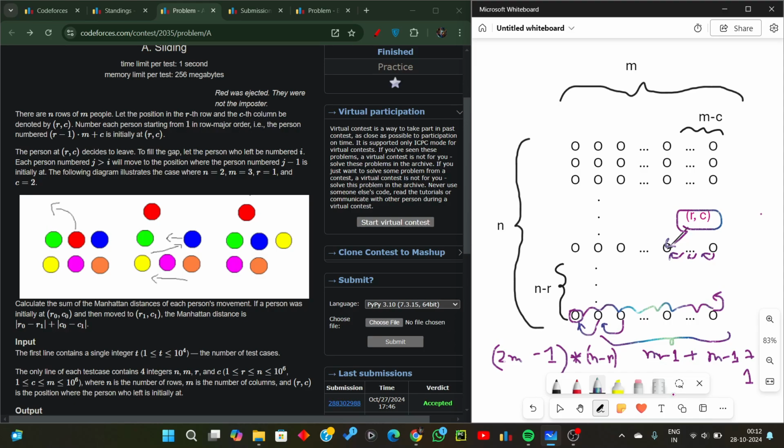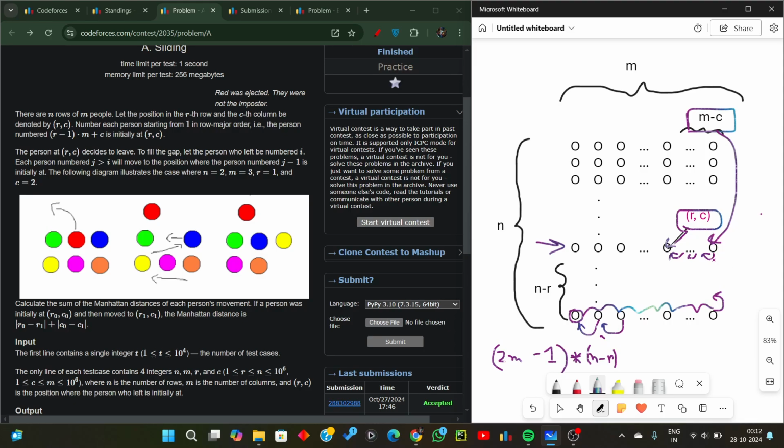Let's erase this part. Using this expression we have found the total Manhattan distance contributed by these n minus r rows. Now in the rth row, there are m minus c people who come after the person at (r, c).